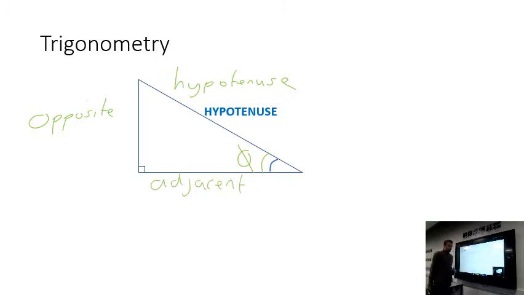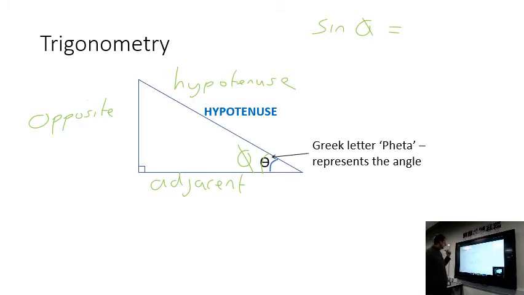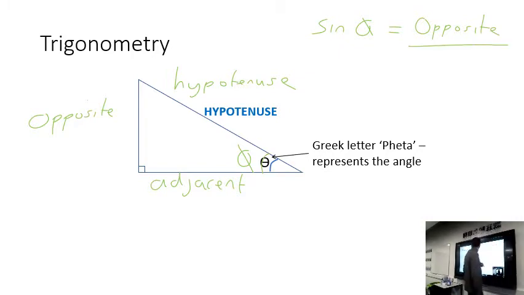Okay, so with trigonometry, there are three really important functions. The first function is called sine theta, and this can be calculated by looking at the opposite over the hypotenuse.